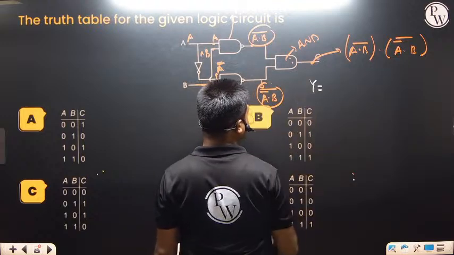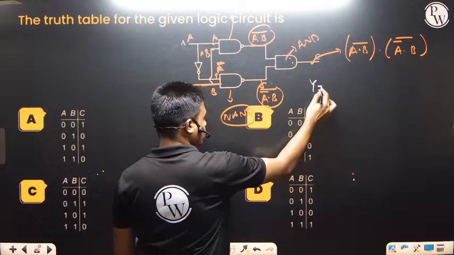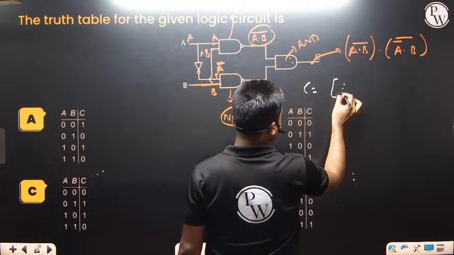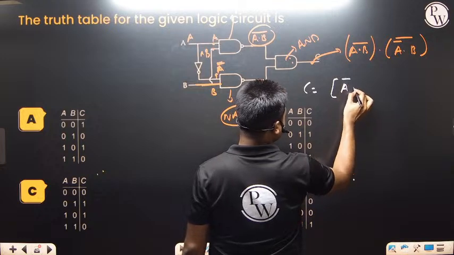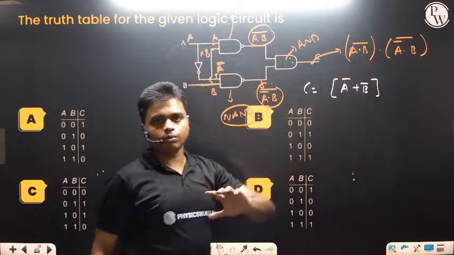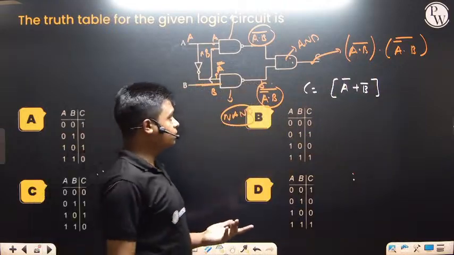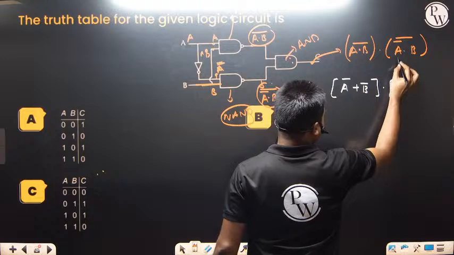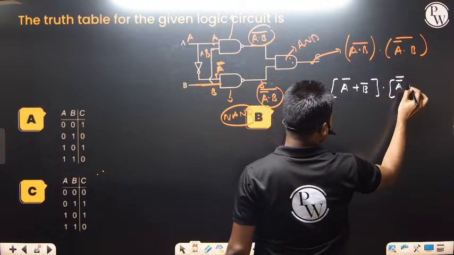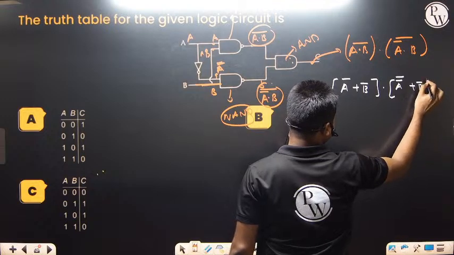So what is Y? What is C? We can write C is the output, the final output, A dot B whole bar. So this will be A bar plus B bar. I hope this is clear, because this is A dot B whole bar, A bar plus B bar. Next we have this one, A bar dot B whole bar. So this will be A bar bar plus B bar.